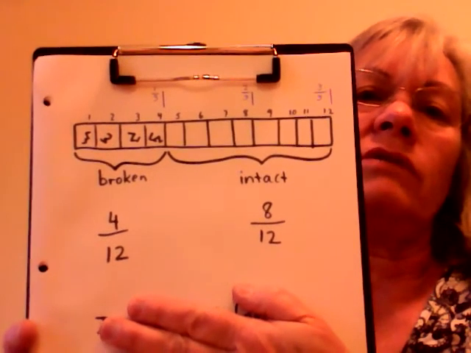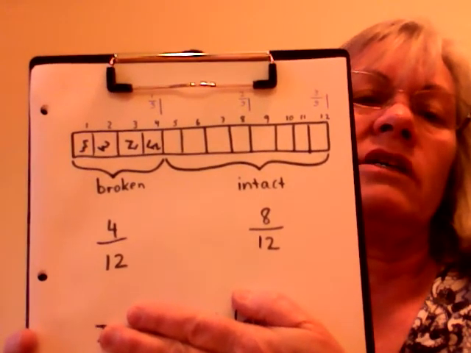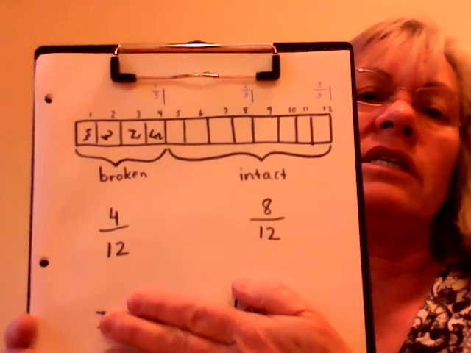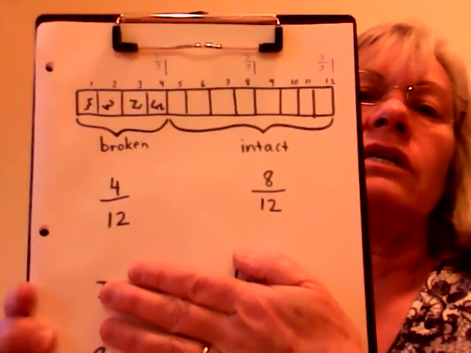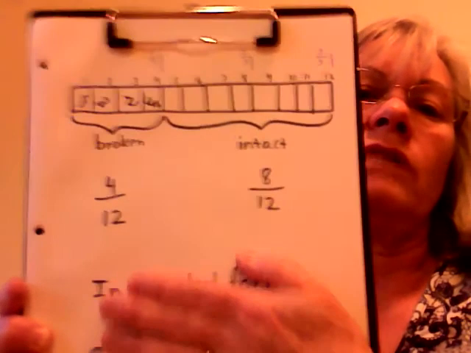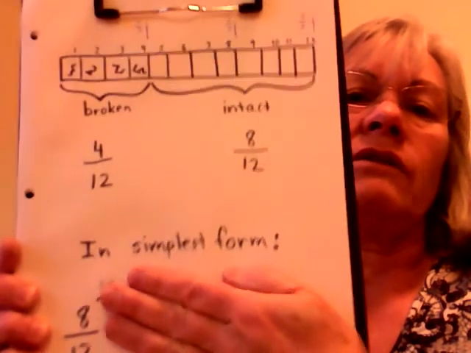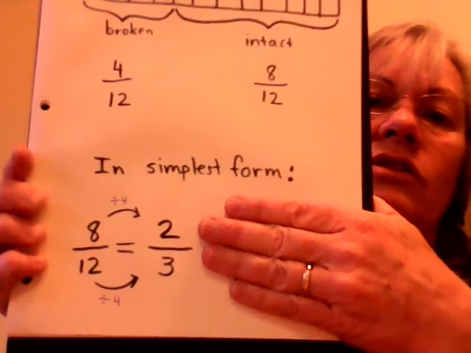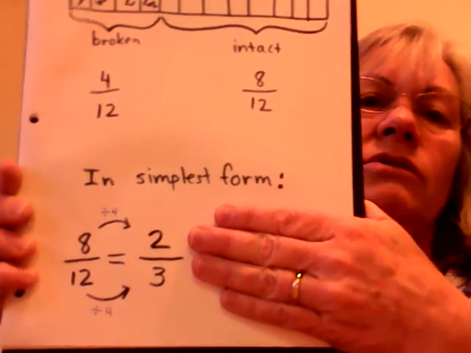Out of the broken windows, there are 4/12. Intact, we can just see that by counting. 8/12 are intact. Now, in order to find out how many are intact in its simplest form, we'll use that division trick where we do the same thing to the numerator as we do with the denominator.